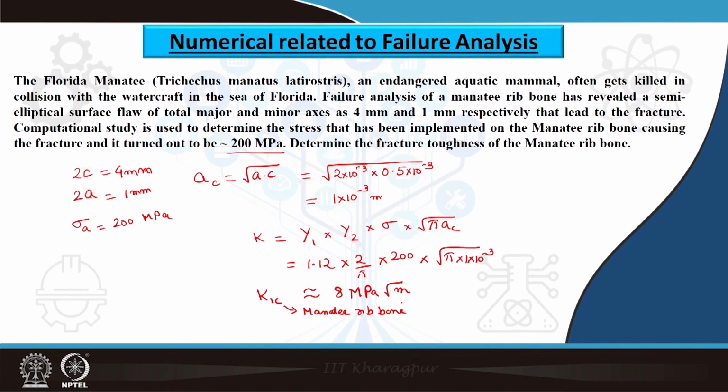But the point of discussing this little offbeat topic was to see how the concepts of fracture toughness can be used in different aspects, something typically different from the structural problems that we deal with in the industries.